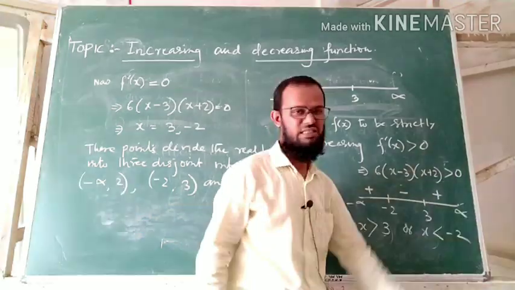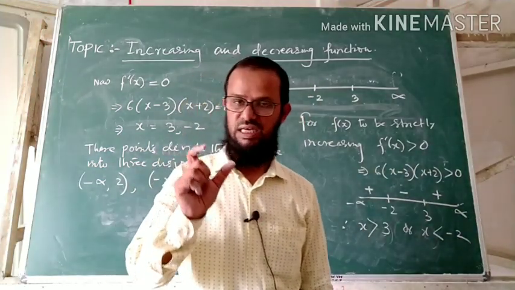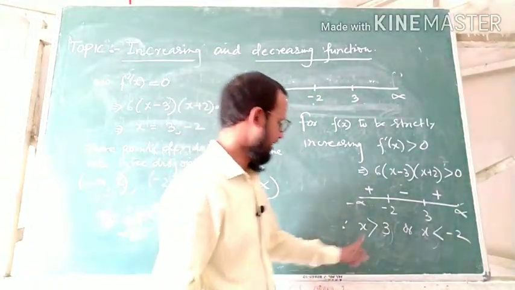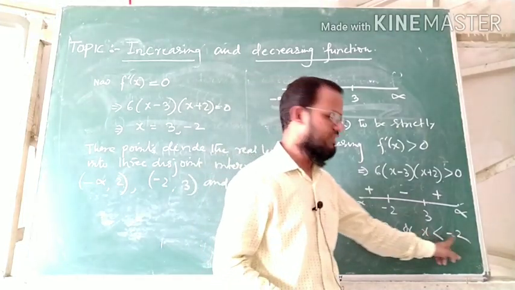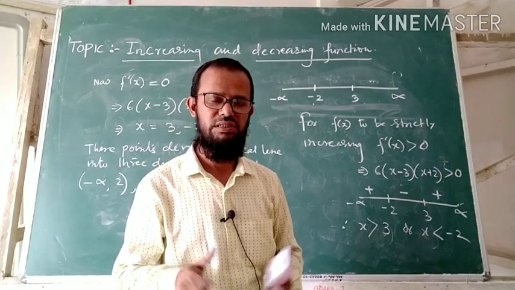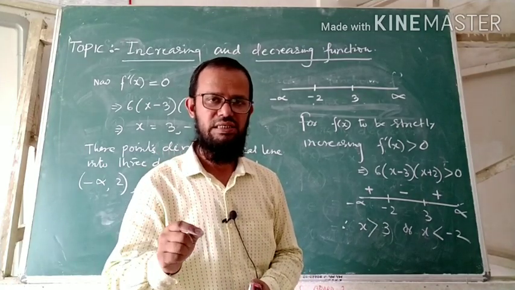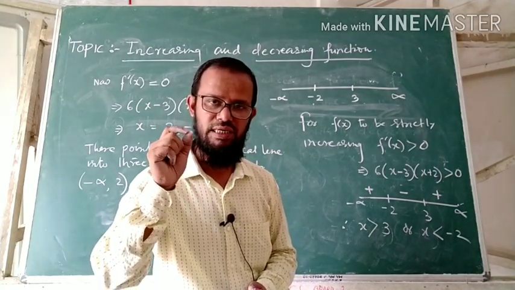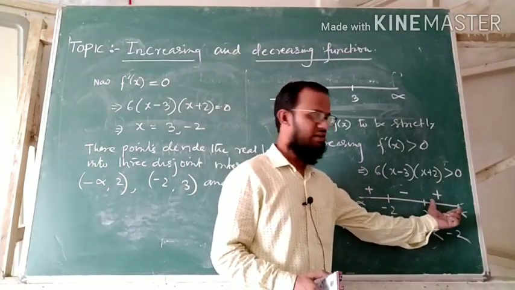That means f dash x is greater than 0 when x is greater than 3 or x is less than minus 2. And f dash x greater than 0 means f(x) is strictly increasing in the interval. Where? This interval and that interval.